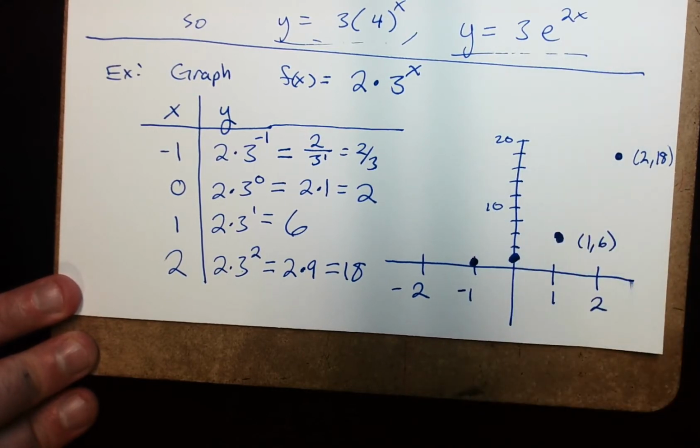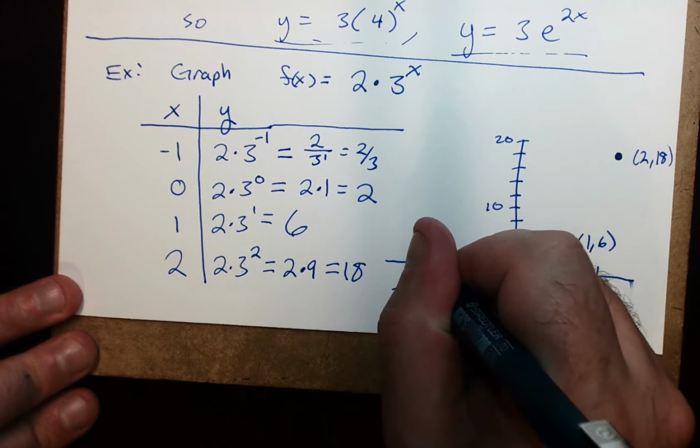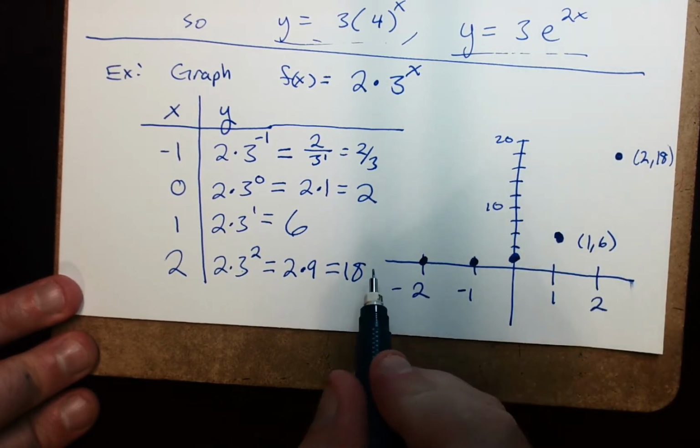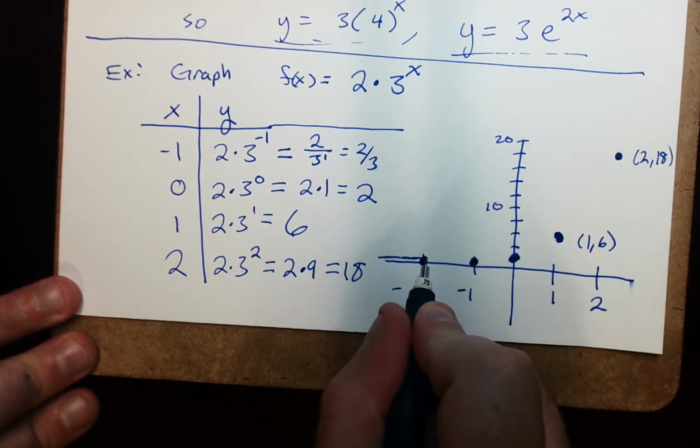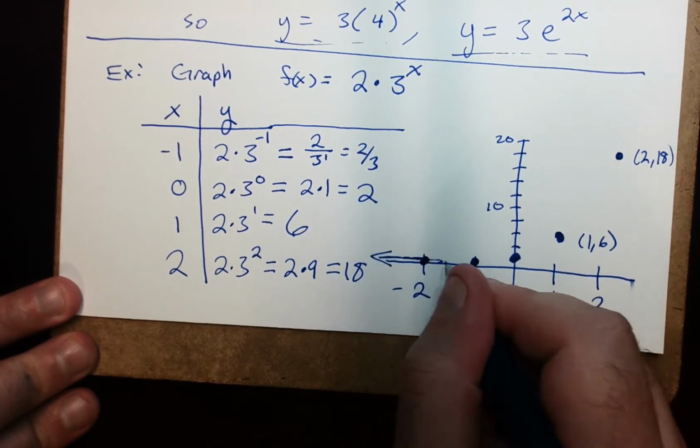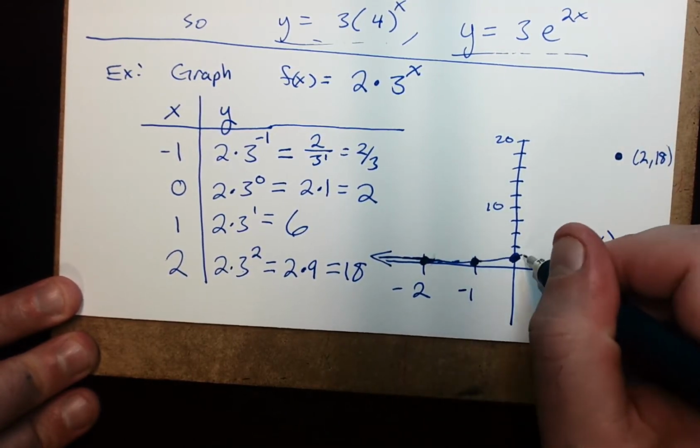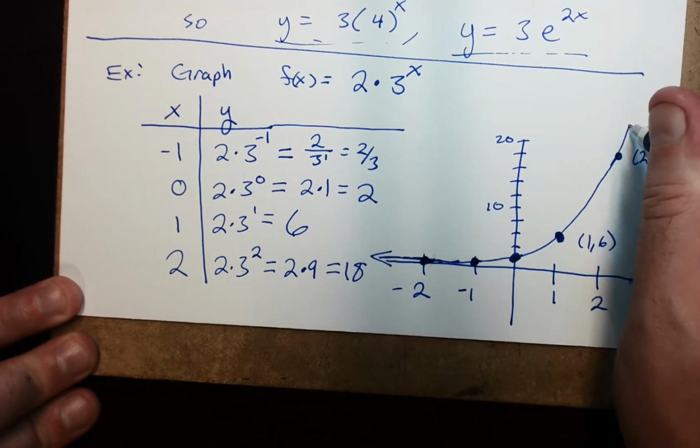About there. 0, 2. That is right there. -1, 2/3. 2/3 is very small. These are negative. It's about there.